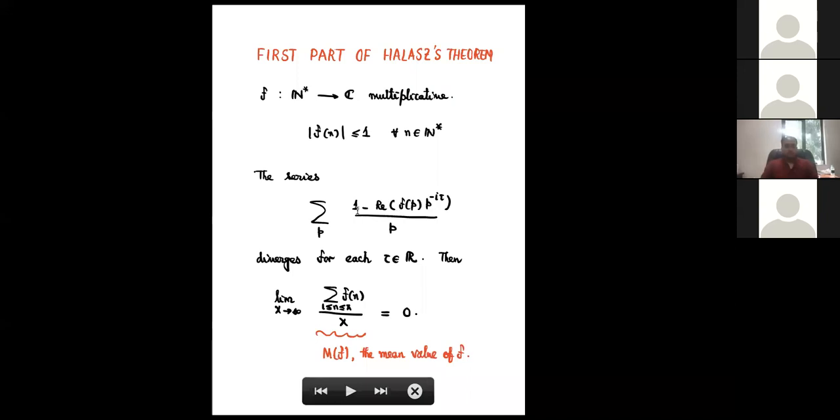So its real part is less than or equal to 1, and therefore 1 minus the real part is always some non-negative number. So this is a series of positive terms.